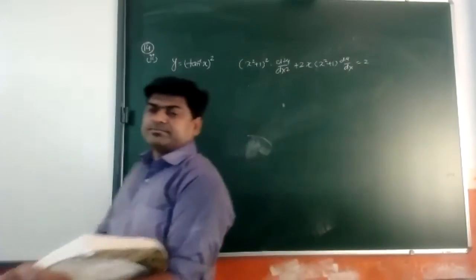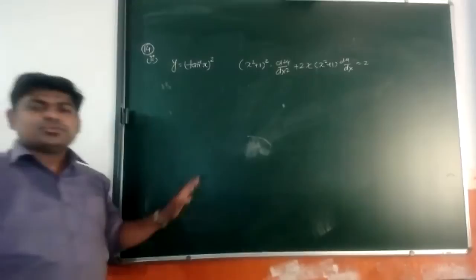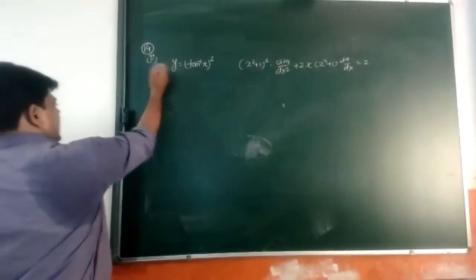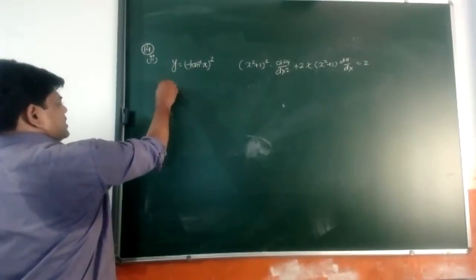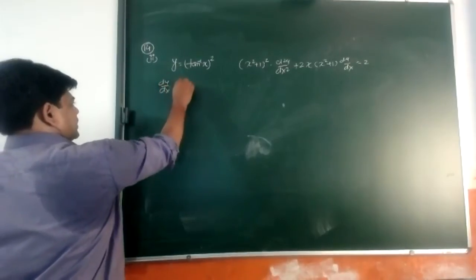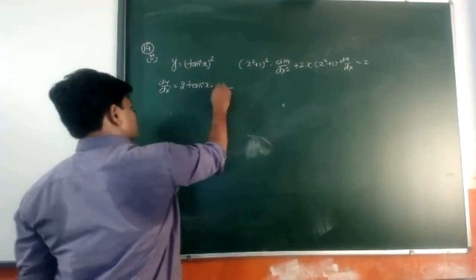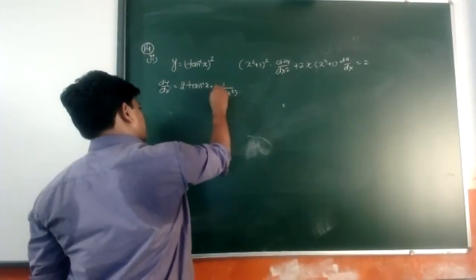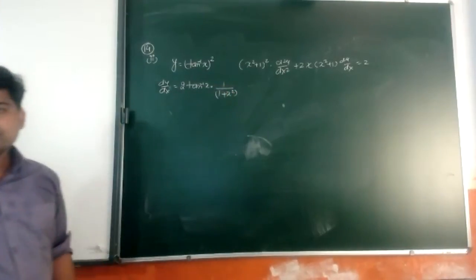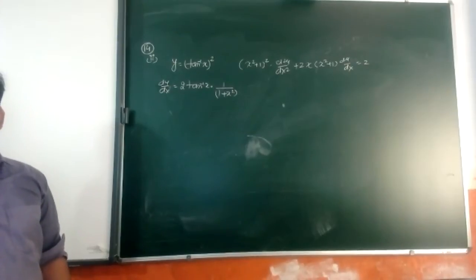This is our result that we have to prove. What should I do? When I write here dy by dx, it is equal to 2 tan inverse x into 1 upon 1 plus x square will come out. Say yes or no. It will come.